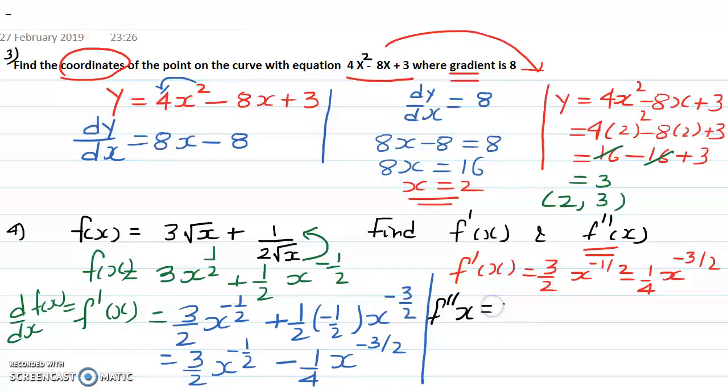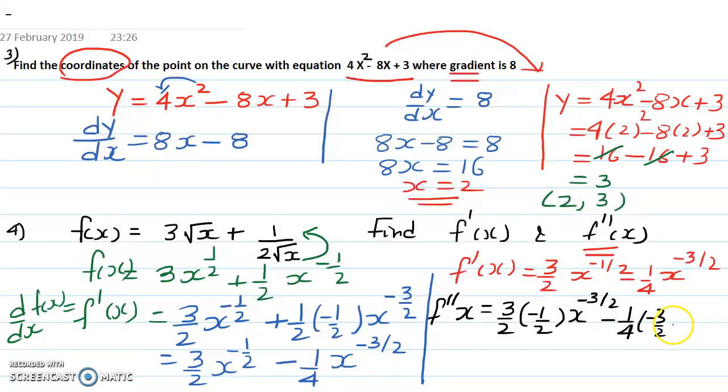So 3 by 2 remains the same, minus 1 by 2 is coming forward, and x to the power minus half take away 1, that is minus 3 over 2, minus 1 by 4 is here, and minus 3 by 2 is coming forward, and x to the power minus 3 by 2 minus 1, that is minus 5 over 2. Okay, so there is a minus sign.